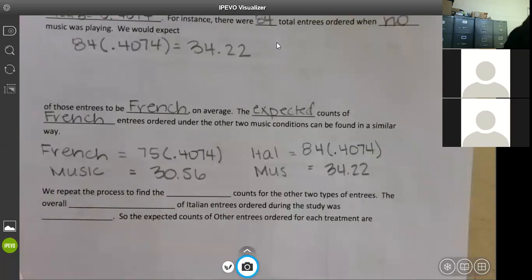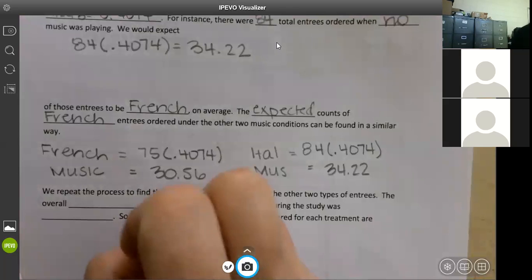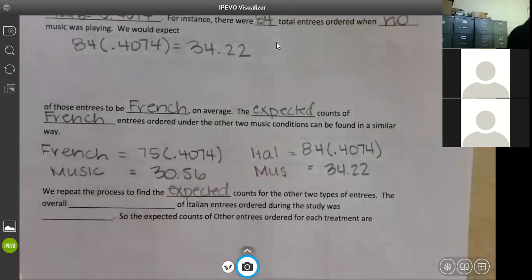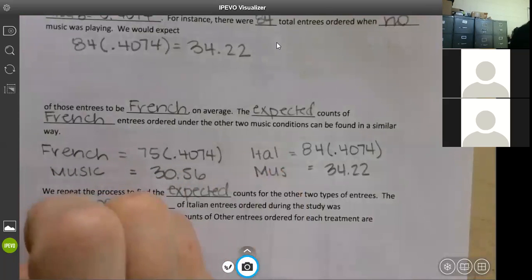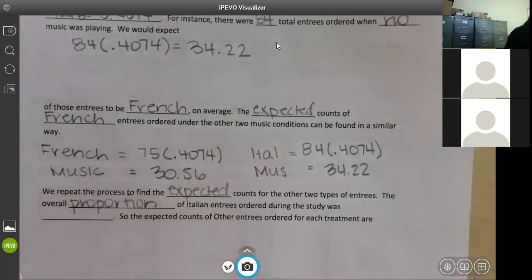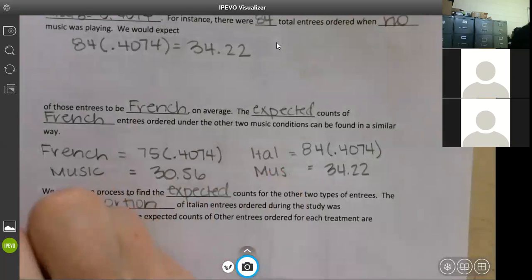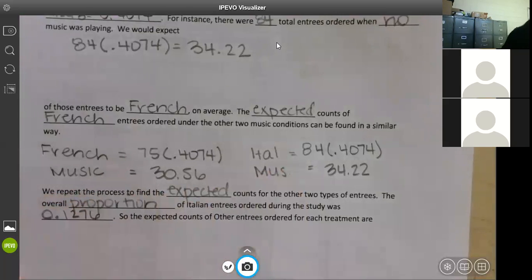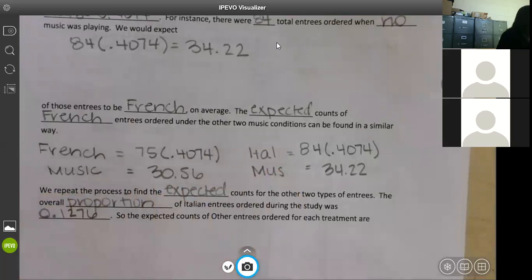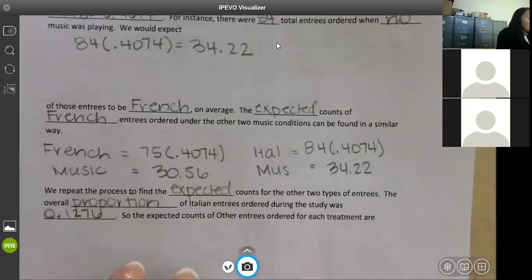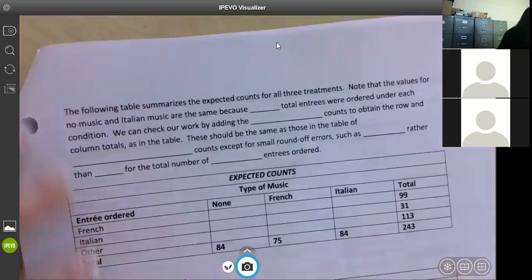We repeat the process to find the expected count for the other two types of entrees. The overall proportion of Italian entrees ordered during the study was 0.1276. So the expected counts of the other entrees ordered for each treatment are, and we have the expected counts on the next table, so I'm gonna go put those in, okay? This is where you would work them out. We're not gonna work them out, but they're on the other table.